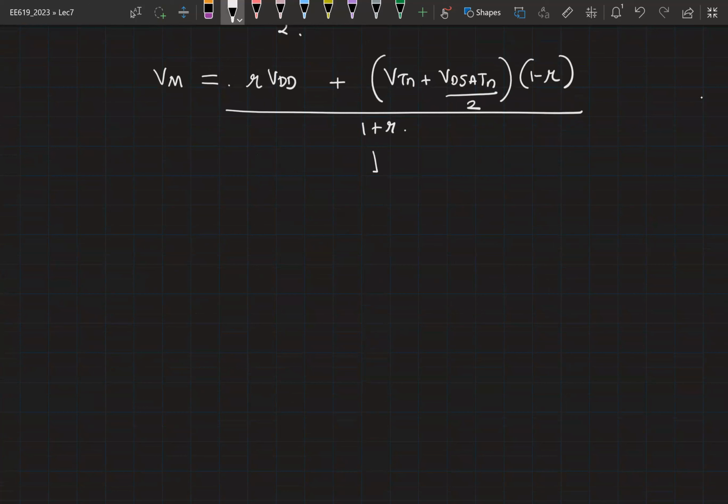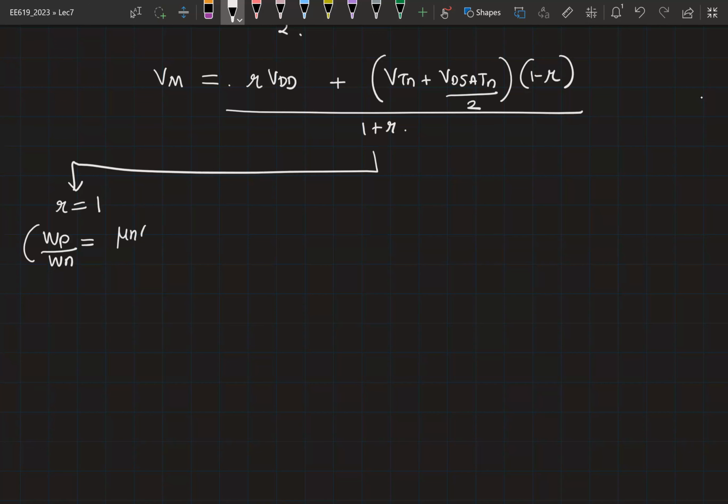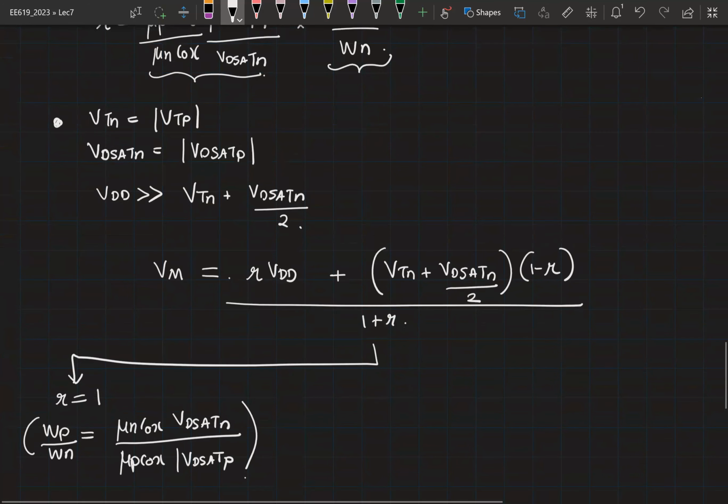So now we are going to analyze this for 3 conditions. When R is equal to 1, this corresponds to WP by WN being equal to mu n COX VD sat n divided by mu P COX VD sat P. We have not considered it to be equal.